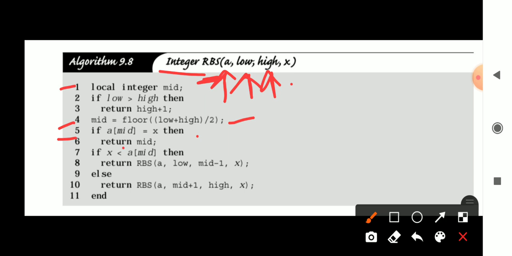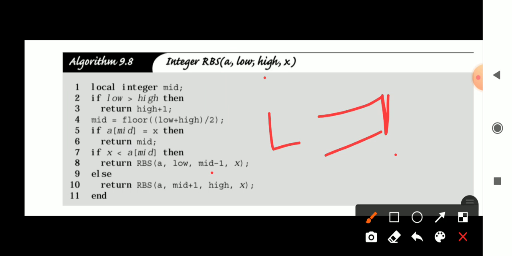If it is not, and X is less than A of mid, we change the values to mid minus 1. Whenever the value is less than mid, we have to go for the left side of the list, which means we have to change high. High is actually the end value of the array, but when the value is in the left portion, we have to skip the right part, so we will have mid minus 1.